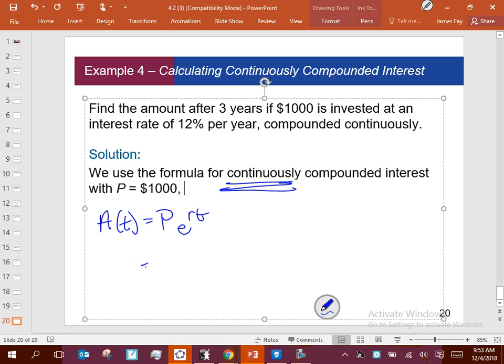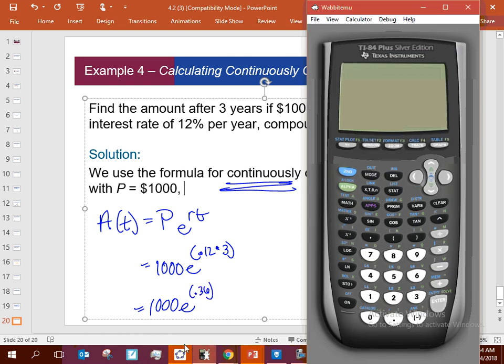It says we want to invest $1,000. We want an interest rate of 0.12. And we're going to keep it in there for 3 years. If I go 1,000 times e raised to 0.36, e to the 0.36, that's $1,433.33, right?